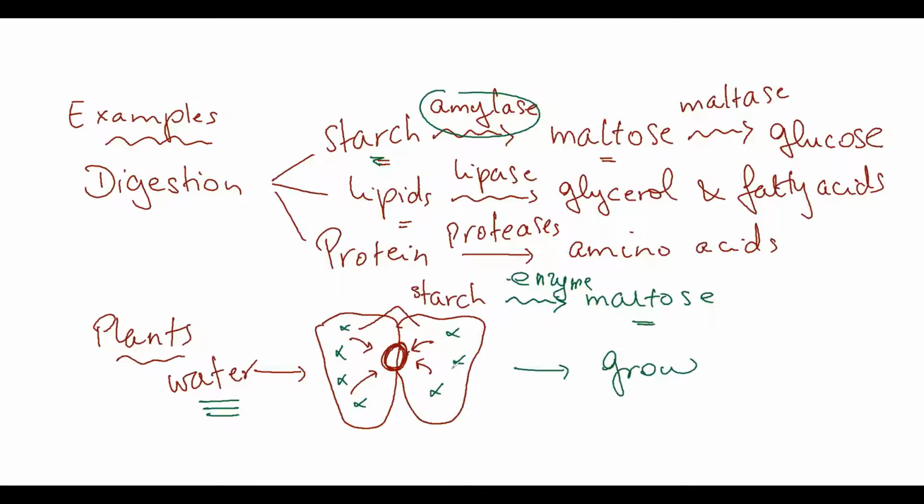Be careful. Maltose is formed of starch. But my question was, what is the maltose formed of? If I'm breaking down this maltose, what's going to be released? Maltose is a disaccharide. It means that it is formed of two monosaccharides. Of course, yes. Two glucose molecules.